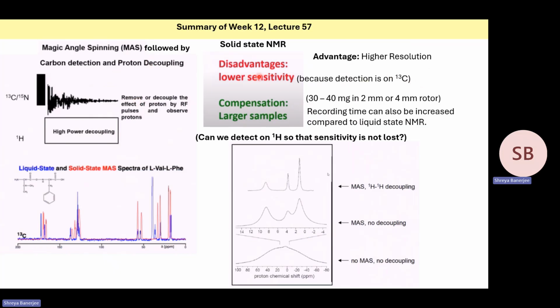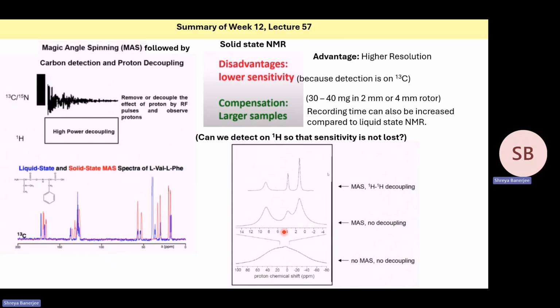You can also compensate in another way, that is by using larger samples, taking around 30 to 40 milligrams of sample in a 2 millimeter or 4 millimeter diameter rotor. Also, the recording time can be increased compared to solution state NMR in order to increase the sensitivity.